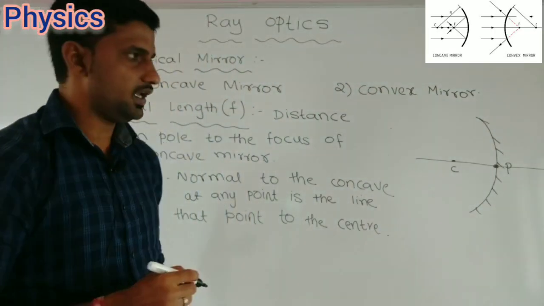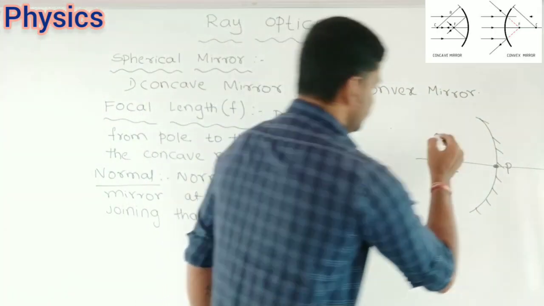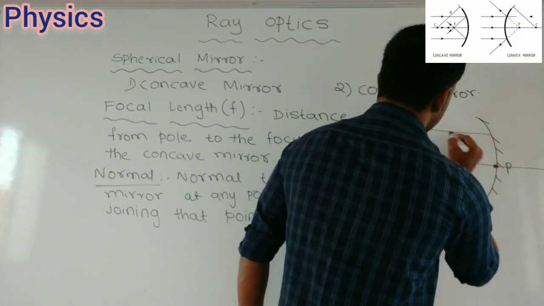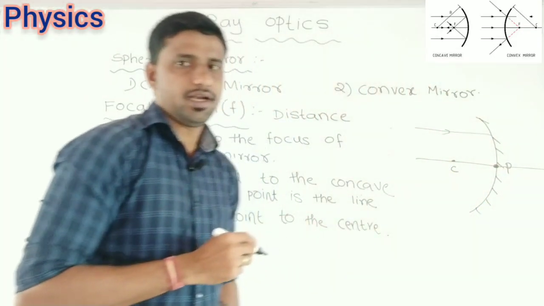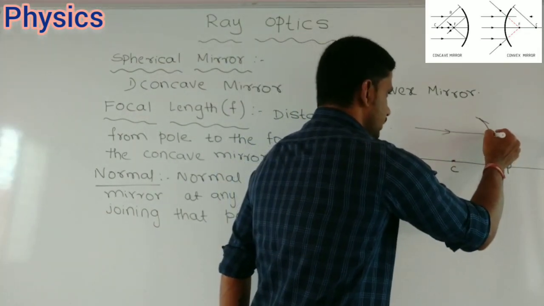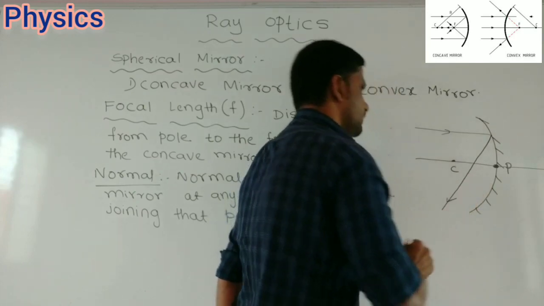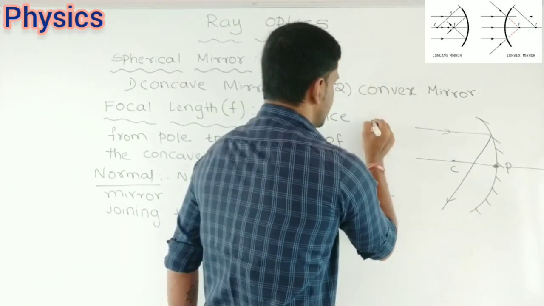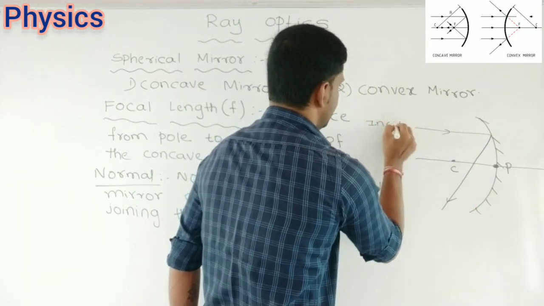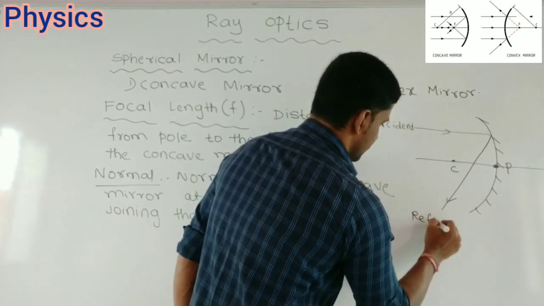This is the principal axis. Now I am going to send an incident ray of light. This is the incident ray of light. When it hits the reflecting surface, it will bounce back like this. So this is an incident ray, and this is a reflected ray.